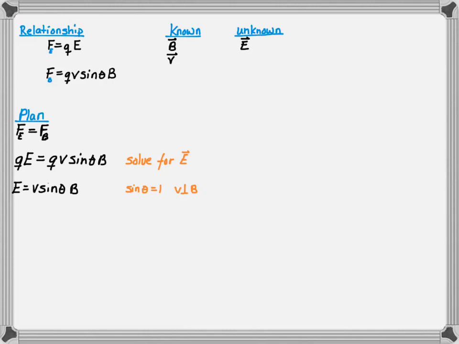I know that sine theta is equal to 1 because the velocity in the picture is perpendicular to the magnetic field. So E, the electric field, is equal to the velocity times the magnetic field. Now I know the velocity and the magnetic field, so I can solve this equation.